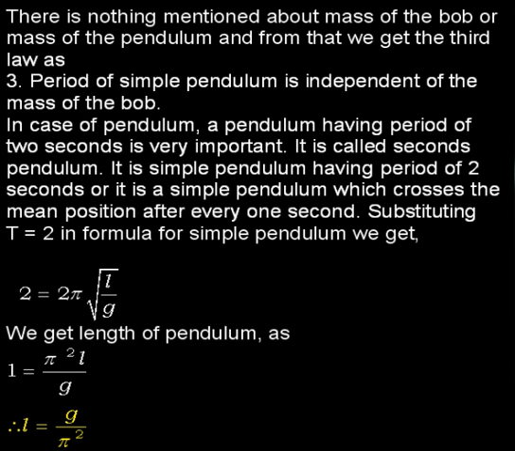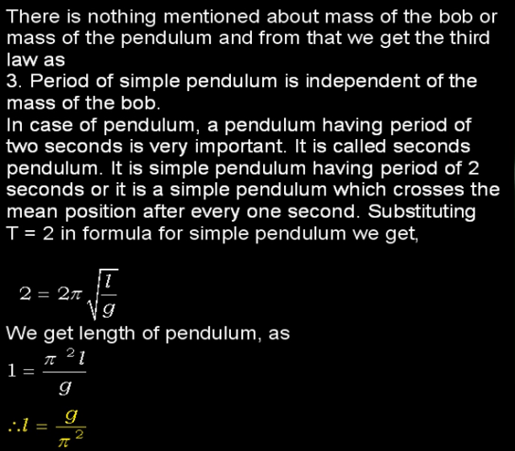And remember, there is no mention of mass of the bob or mass of the pendulum, and from that we get the third law as period of simple pendulum is independent of mass of the bob.